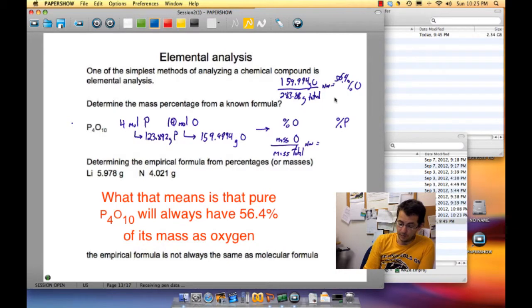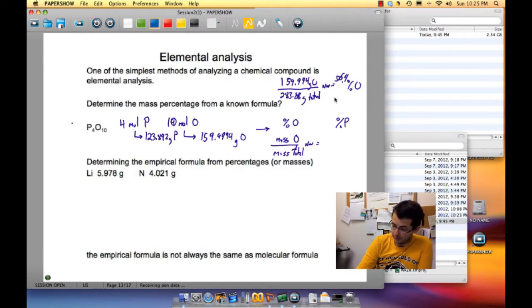And we could do a similar calculation with the phosphorus and find that it'd be 43.6%. Now what's cool, I guess, is that regardless of the source of P4O10, there will always be 43.6% phosphorus by mass and 56.4% oxygen by mass.